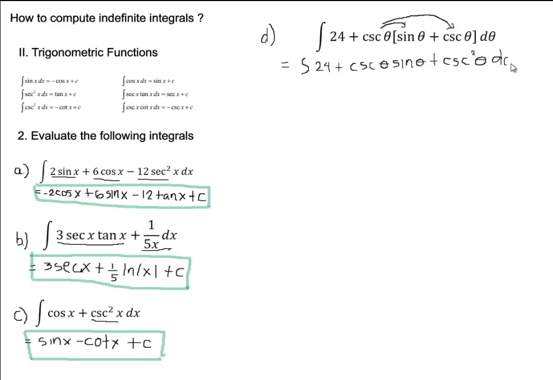For the first term, so we have no problem.